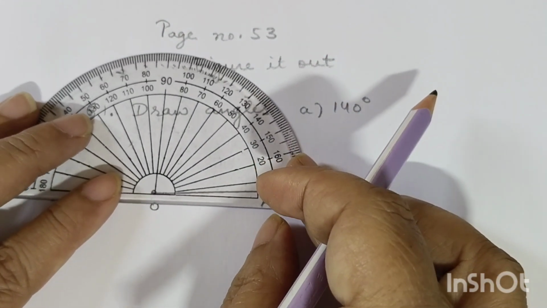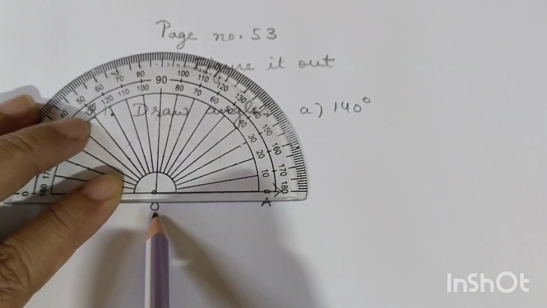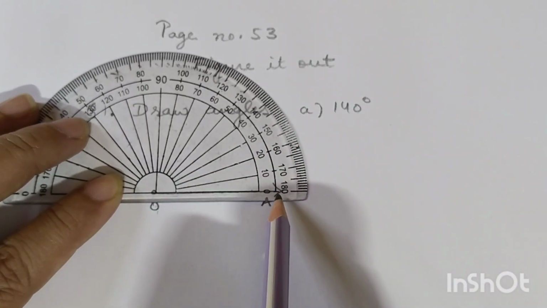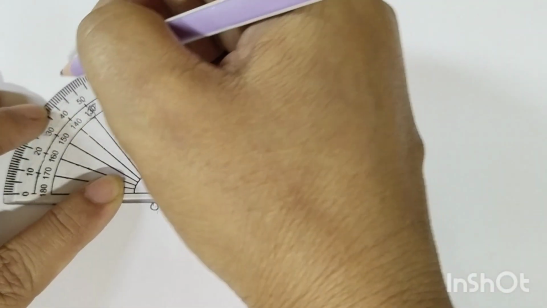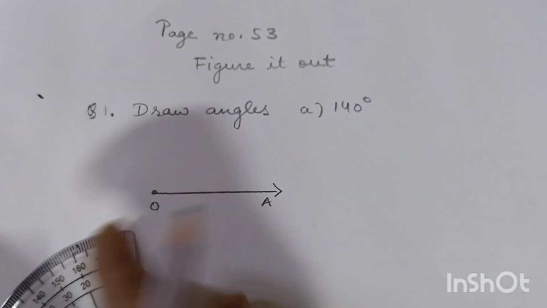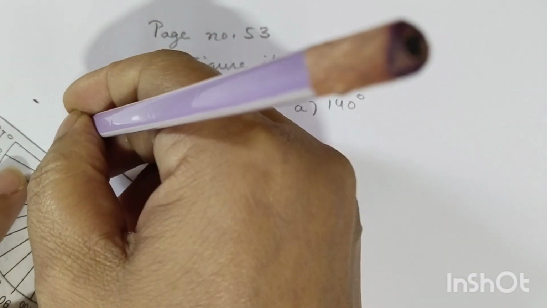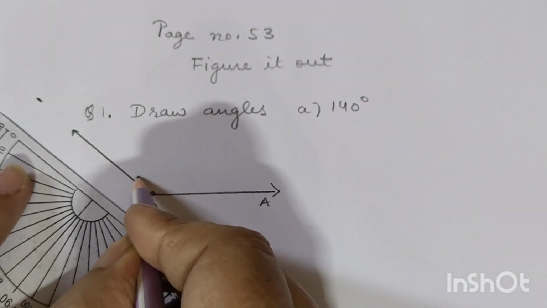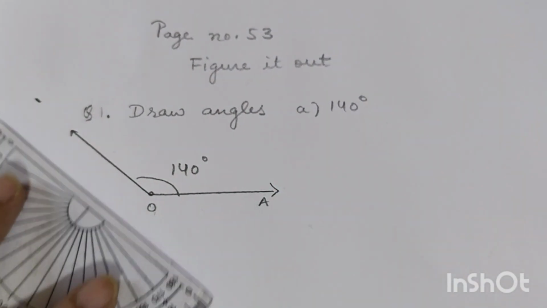Place the 0 line over the ray OA, counting from 0. Mark a point on degree measure 140. Join these two lines. In this way you can make an angle of 140 degree.